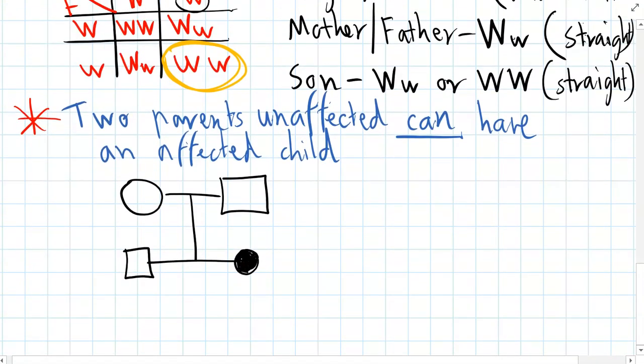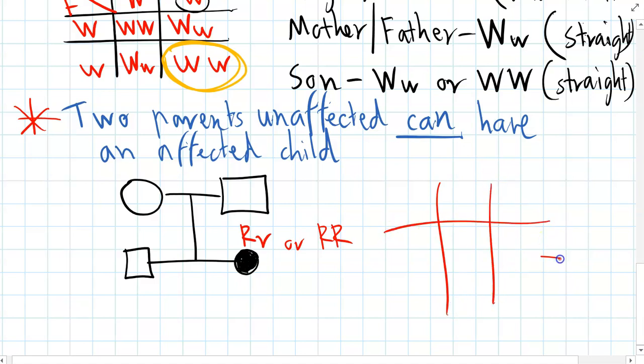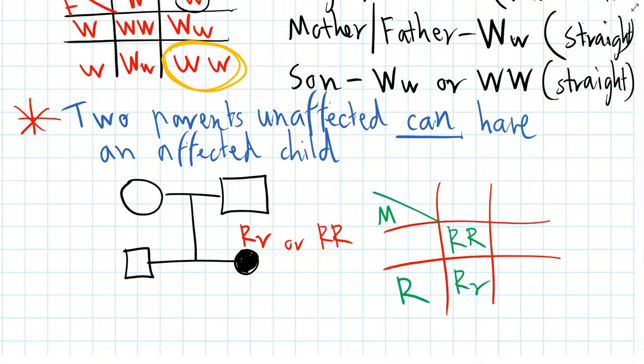If we're looking at the tongue rolling situation here, and this is the family tree, if the daughter is affected, she could be big R, little r, or big R, because we know she can roll her tongue. But if we think about the Punnett square now, that means that she must have got a big R allele from either, let's say the father is here and the mother is here.